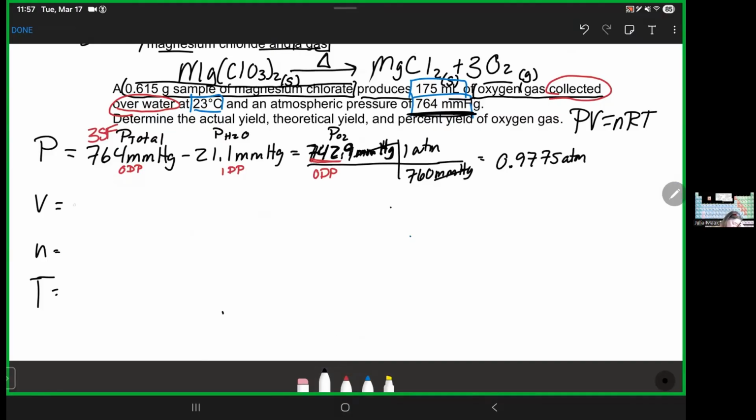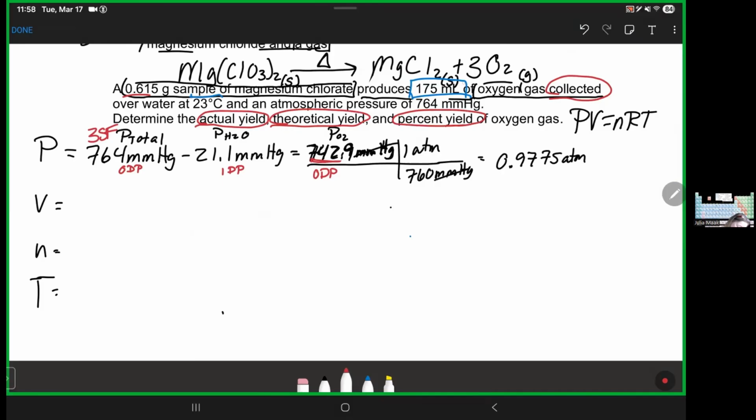Our volume, oh, here, let's talk about this. We forgot to look at what we're looking for here. Let me erase some of this stuff. Okay, so we got the collected over water. Our questions are our actual yield, theoretical yield, and percent yield. If they're asking us for an actual yield, yield of gases is volume.